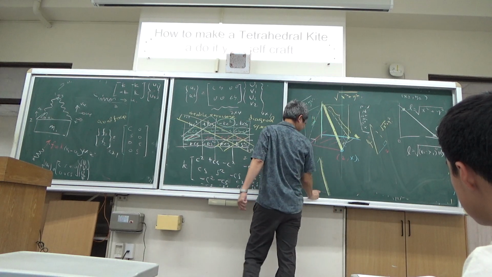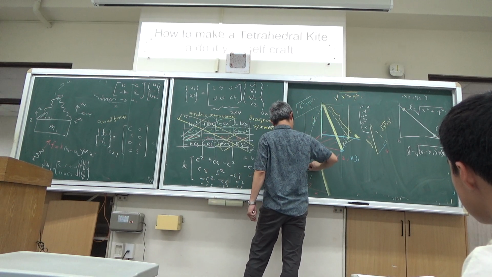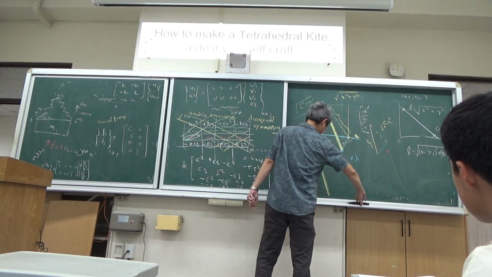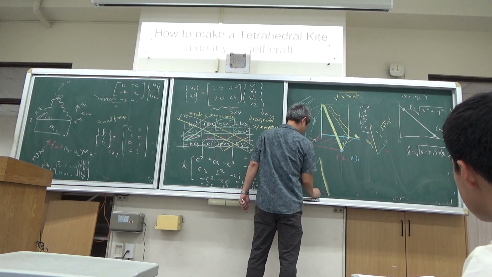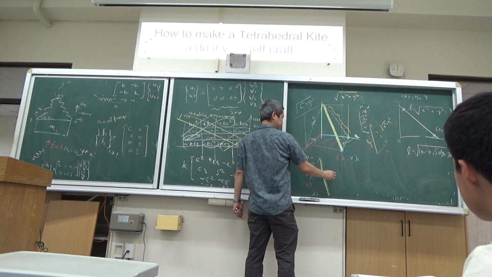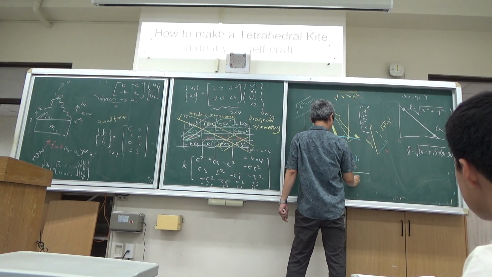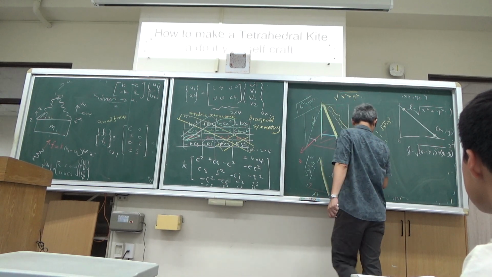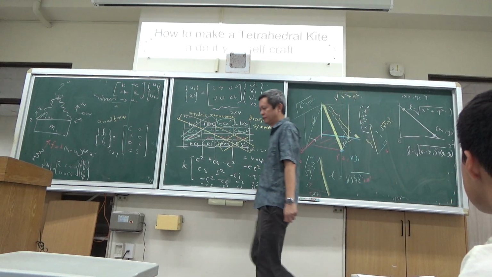The base has a length z, and this projected line has a length, sorry, this one is z, this is x, y squared plus z squared. So now the length squared equals y squared plus z squared plus x squared.